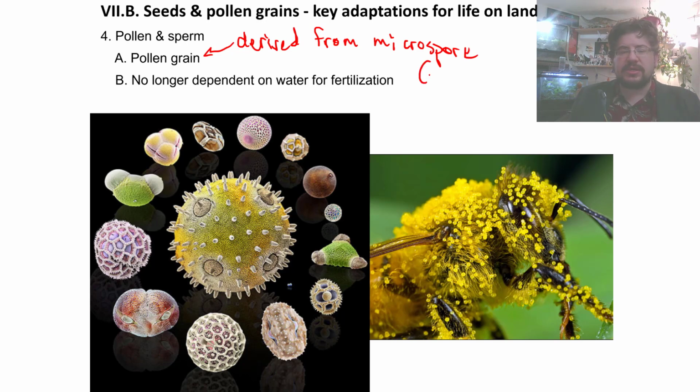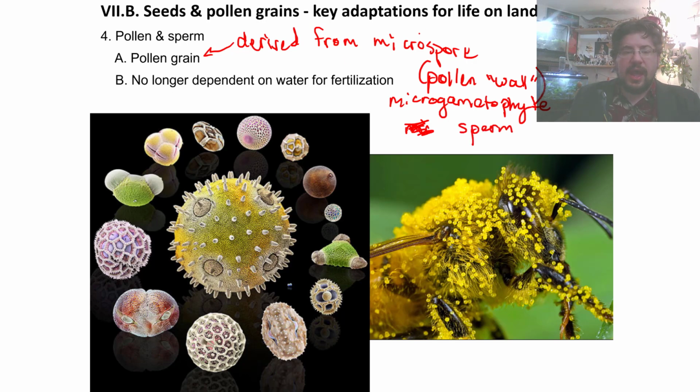The microspore actually produces the pollen wall that contains the structures, right? So inside the microspore wall, we develop a microgametophyte. And that microgametophyte produces the sperm.